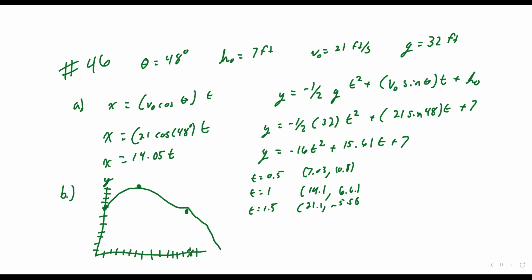And if I want to know when it hits 0 on the x-axis, I would need to solve for t. So that would mean that if I let x equal 0, that would mean that 0 is equal to... how that's produced, that won't be right. Oh no, I would want to know when y equals 0, sorry. When y equals 0, that will tell me what my x could be.